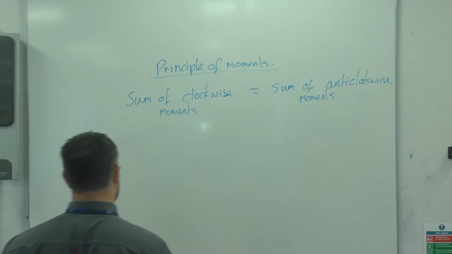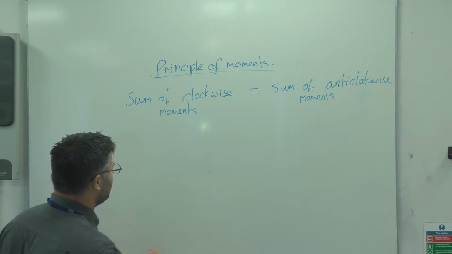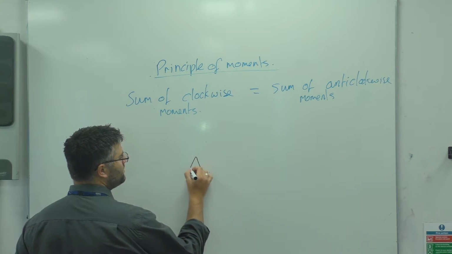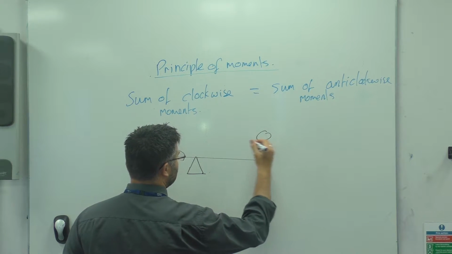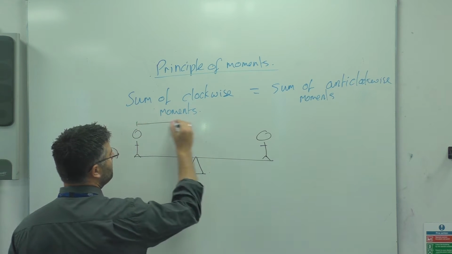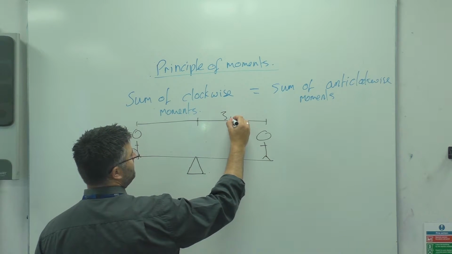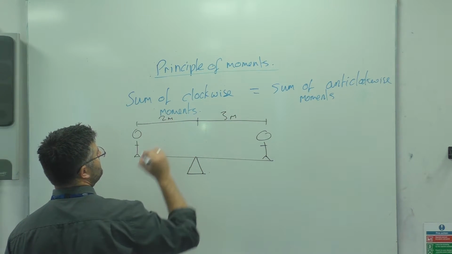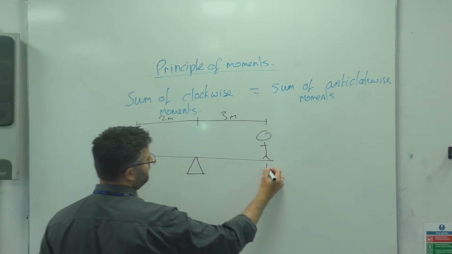So we're going to look at a standard example here, which is a seesaw. Two people on our seesaw. We've got one that's 3 meters away, one that's 2 meters, and obviously they're going to have a force.